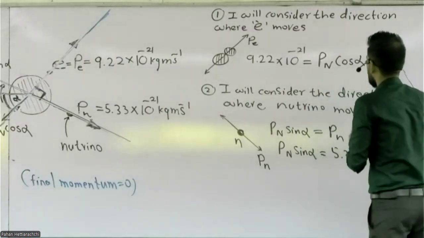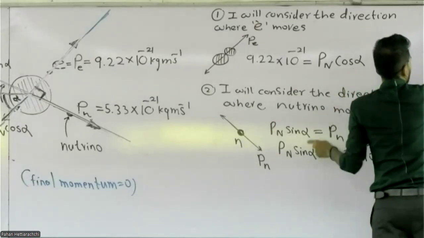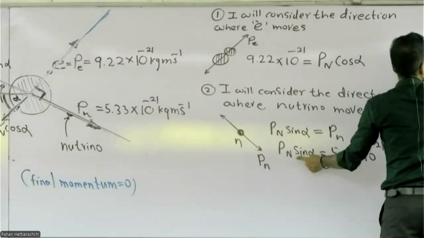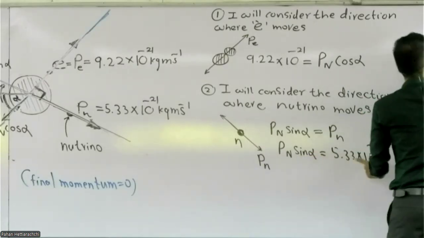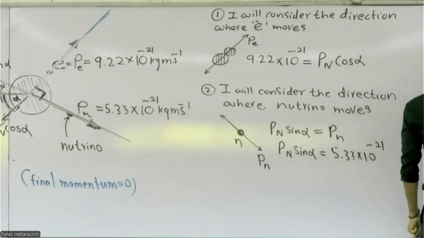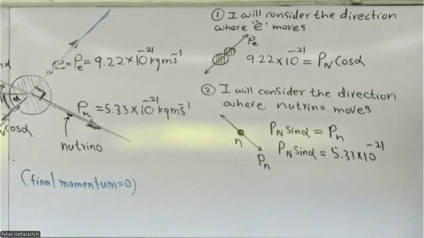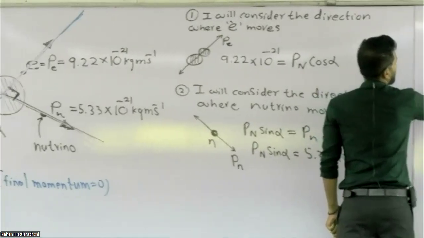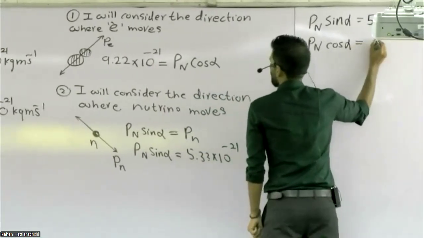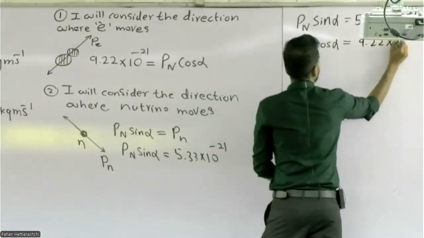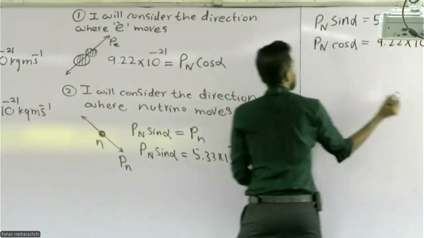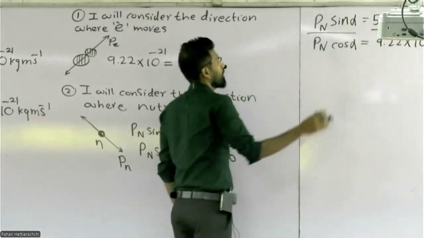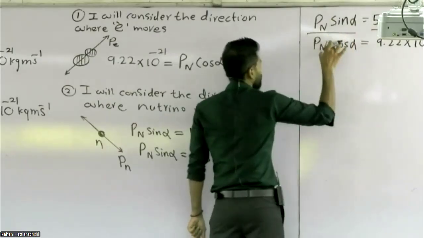Now my first equation is, I'm taking this one initially, P_N sin alpha is equal to 5.33 × 10^-21. P_N cos alpha is equal to 9.22 × 10^-21.